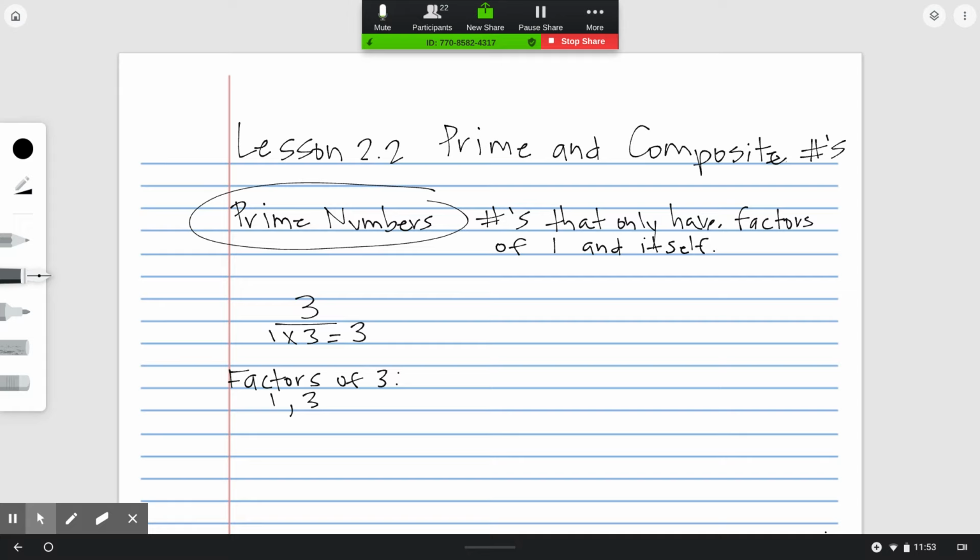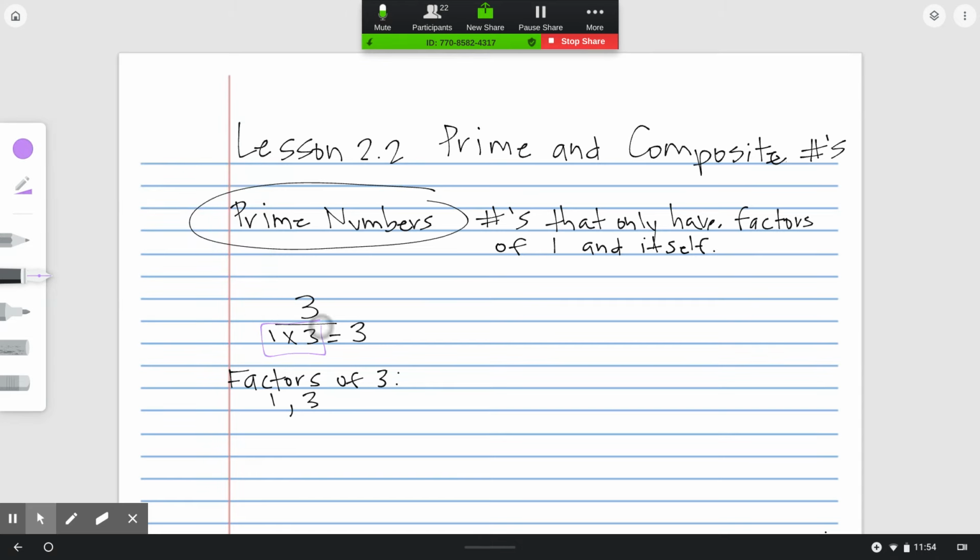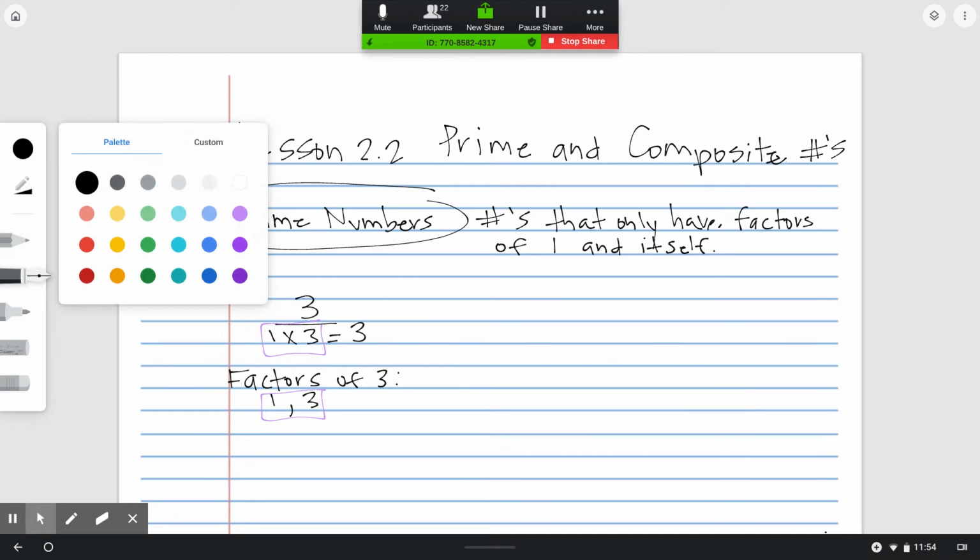We call these numbers that only can multiply by 1 and itself, that's the only combination. If 1 and 3 is your only combination, so the number 1 and then the number that you are finding the factors for, we call this prime.